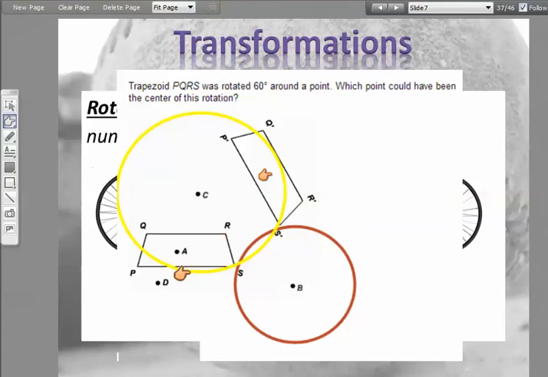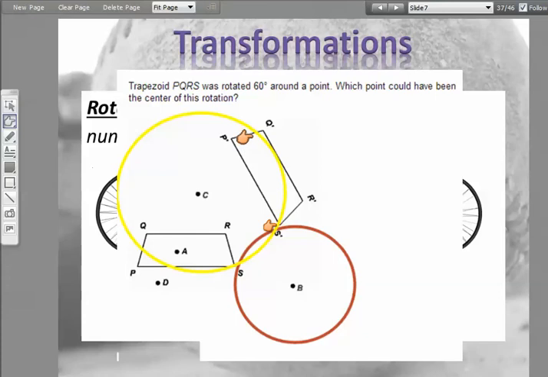When I tried to put this circle on here, I lined it up with point S, but I would have to completely move the circle to get it to line up with point R. Moving the circle isn't really a good example.